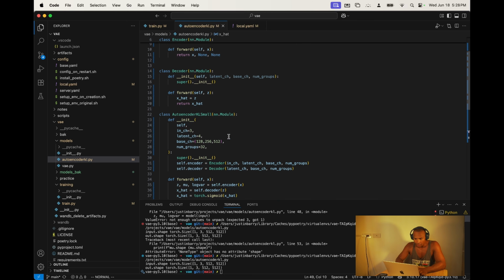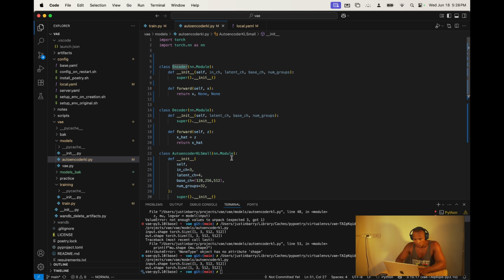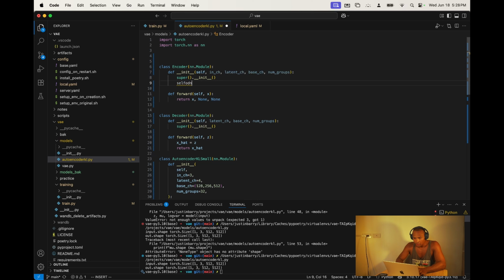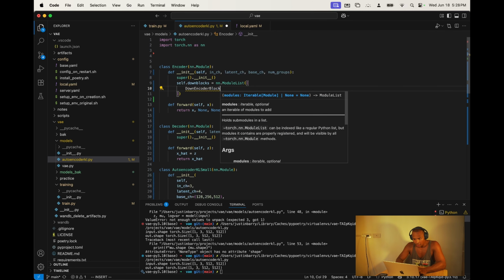So now let's fill out the encoder. The encoder is going to have downsampling blocks, downsampling ResNet blocks, so down blocks, down encoder block.